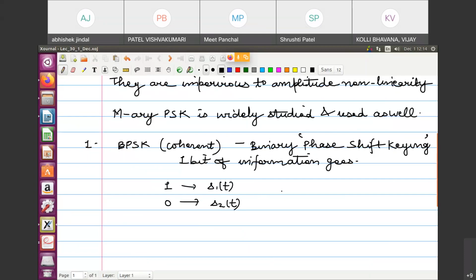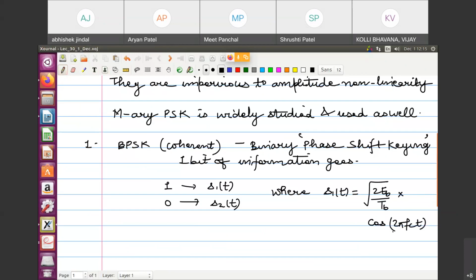Okay, and where S1(t) is equal to root of 2EB by TB cos of 2 pi FCT.